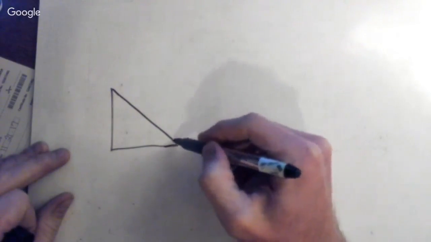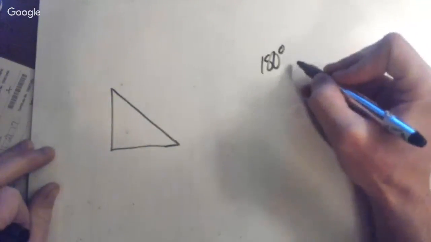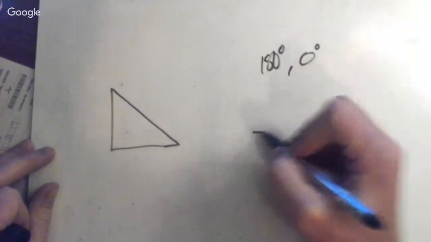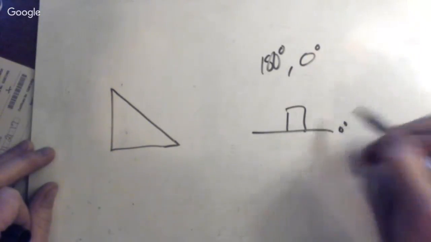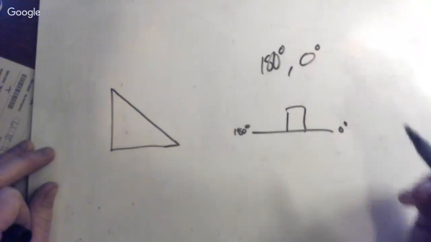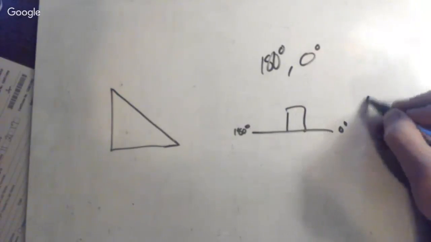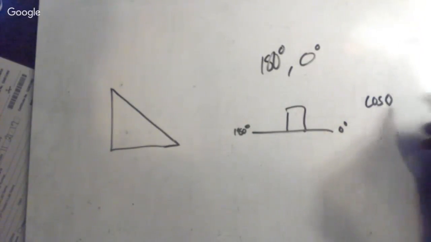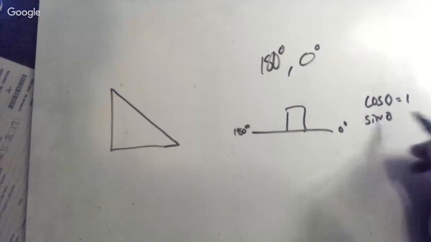Okay, you would use the cosine thingy whenever you have an angle that is not 180 degrees or 0, right? Anytime we're just block on a horizontal plane, this is either 0 or 180 degrees. And in that case, cosine of 0 is just 1, and sine of 0 is just 0.